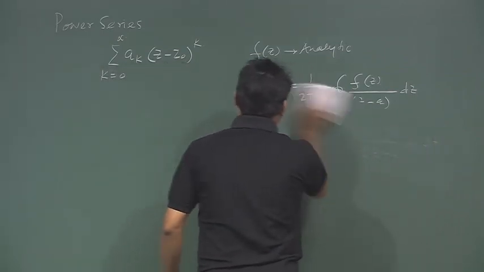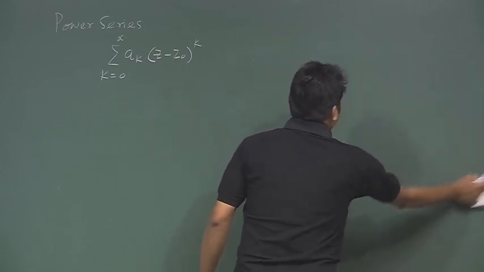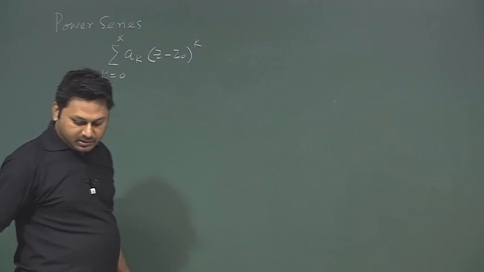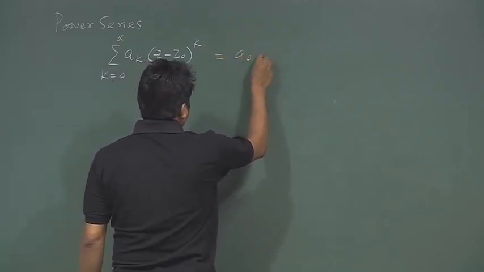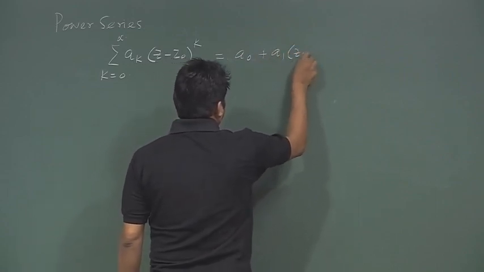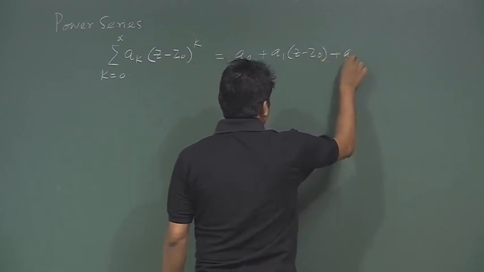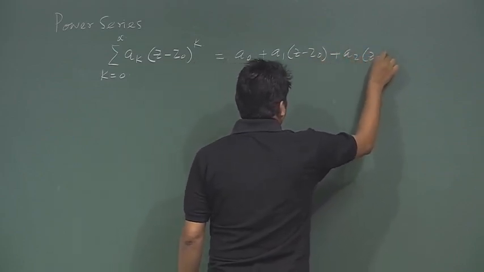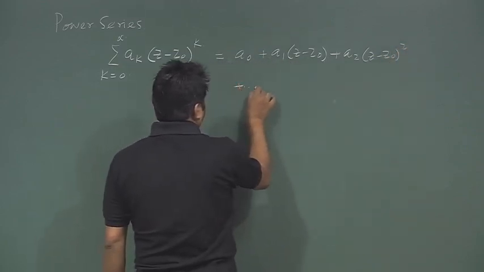So, you can have the nth order derivative of these things, which is possible. The first term is a0, the second term is a1 times z minus z0, the third term is a2 times z minus z0 square, and so on.